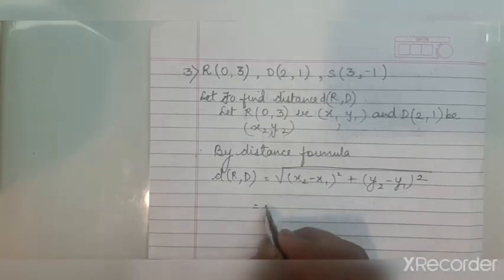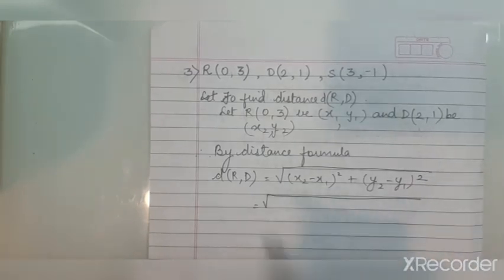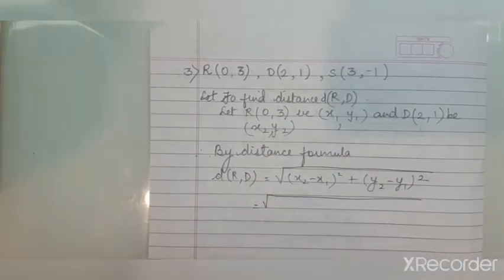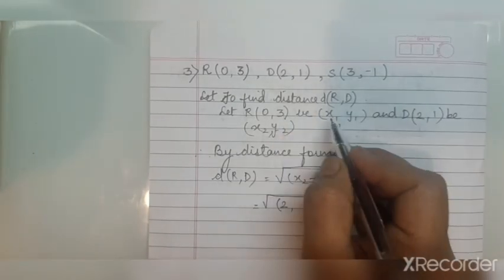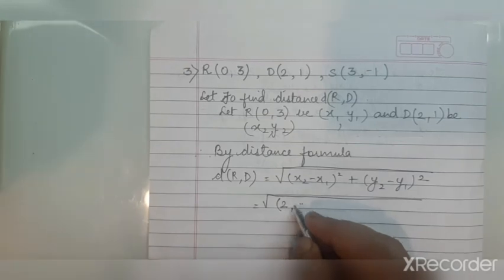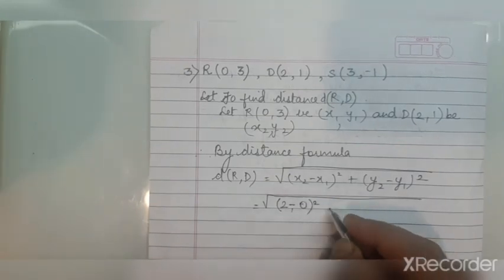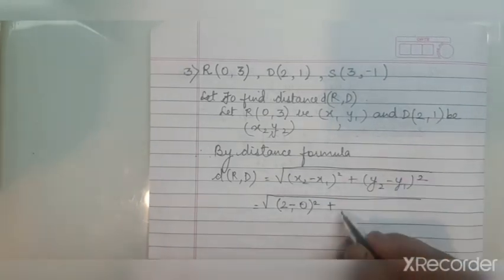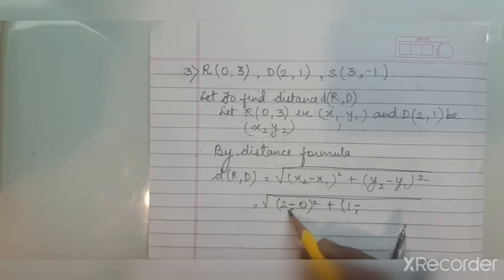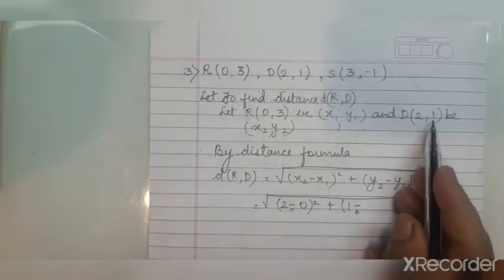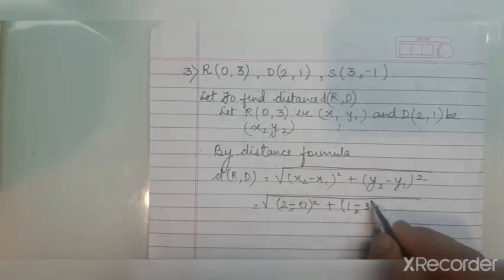Which is equal to, first write the formula, x2 minus x1 the whole square plus y2 minus y1 the whole square, which is equal to, now what is x2 here? 2, and x1 is 0 the whole square plus, what is y2? 1, minus y1, the whole square.